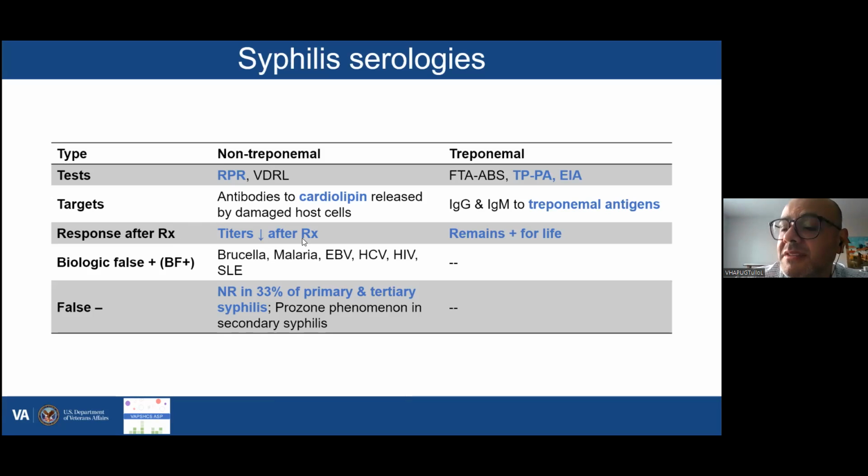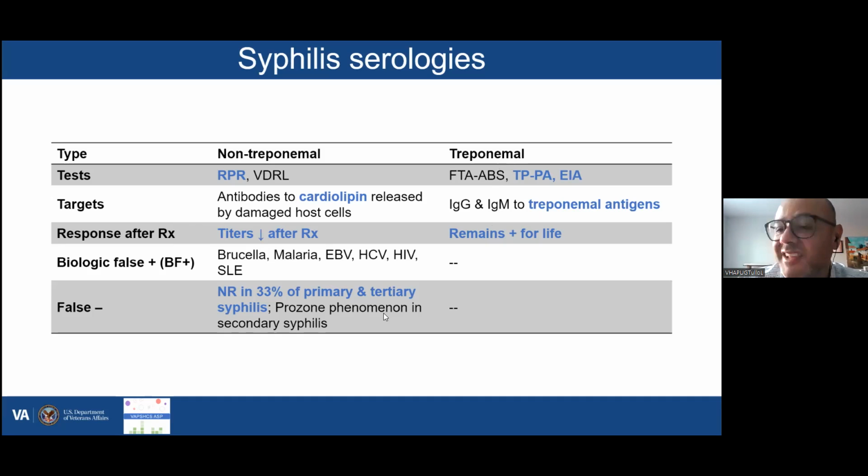They decrease after treatment, so they're active with disease activity. And you have treponemal serologies, which are your ELISAs, your TPPA, your FTA. These are antibodies against the treponemes themselves, and because of that, they remain positive for life.